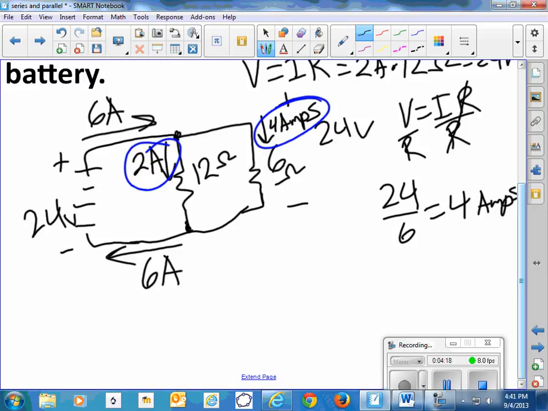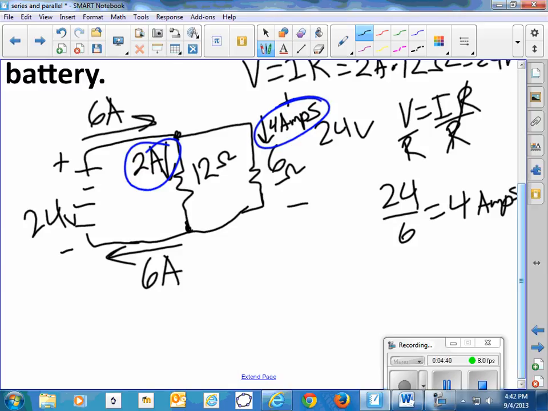So there are 2 paths that the electrons can flow through, and so it's easier than either the 6 ohm or the 12 ohm. If I only had the 12 ohm, I would have 2 amps. If I only had the 6 ohm, I would have 4 amps. But having both of them gives us 6.